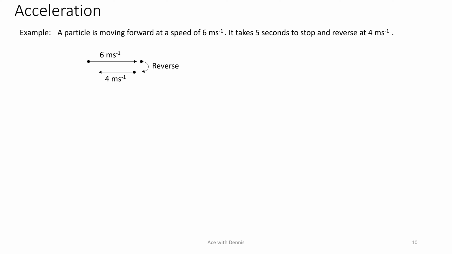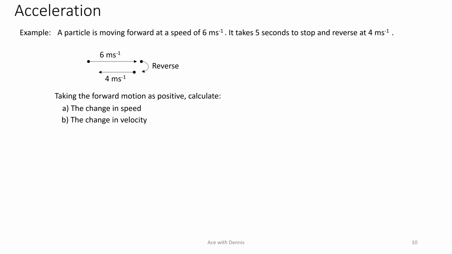At the end, you get 4 meters per second. Taking the forward motion as positive, calculate the change in speed, the change in velocity, and the acceleration of the particle during the 5 seconds when it stops and reverses. You can pause the video and try to answer the question.